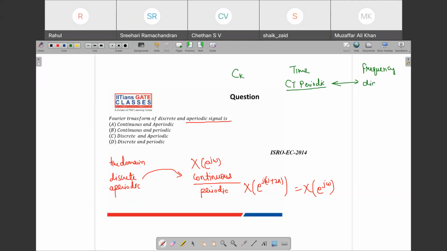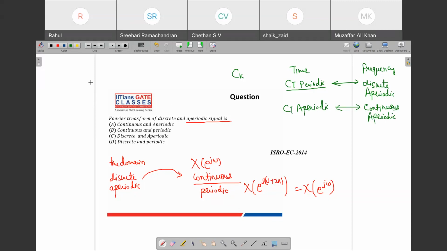So it will be discrete in the frequency domain, and it will be aperiodic. Next was the continuous time aperiodic signal. For this one we got continuous frequency in the frequency domain, and again it was aperiodic.